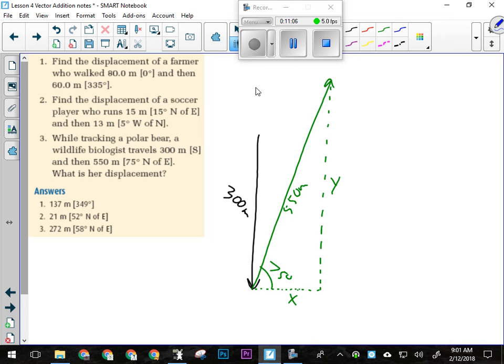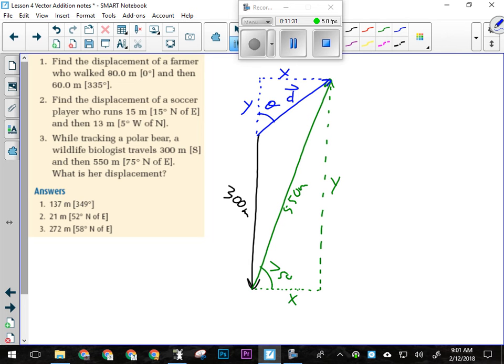That means my overall displacement is this blue line. Here's theta, here's y, here's x. That's going to be my overall displacement, so the blue triangle is my resultant. I've got to figure out its sides by figuring out what its x and y components are.